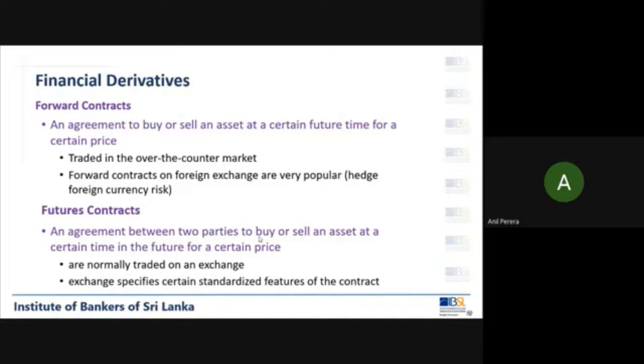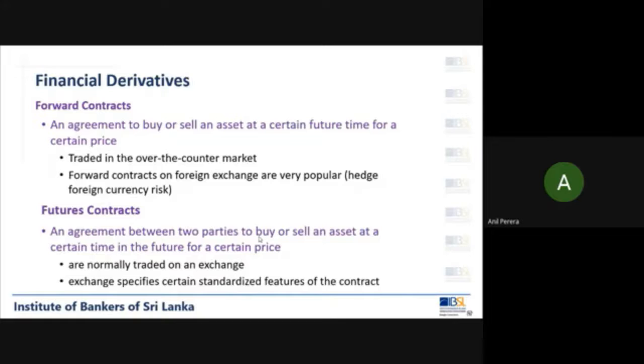Now, forward contracts are over the counter. Futures contracts are in exchanges. I told you, there are some derivative exchanges. So these futures contracts are basically set up and traded in the exchanges. So they are standardized.